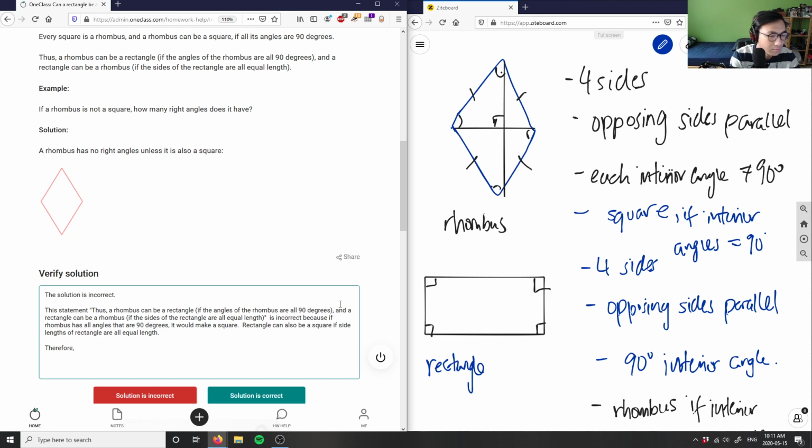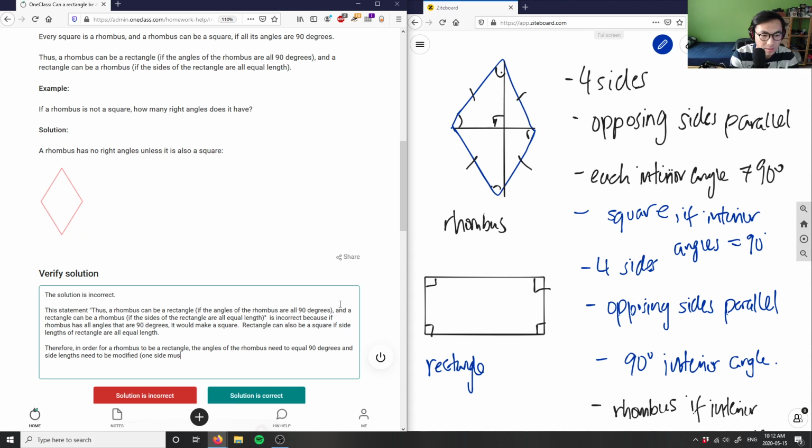Therefore, in order for a rhombus to be a rectangle, I would need the angles of the rhombus to equal 90 degrees, and I would have to change my side lengths, and side lengths need to be modified.